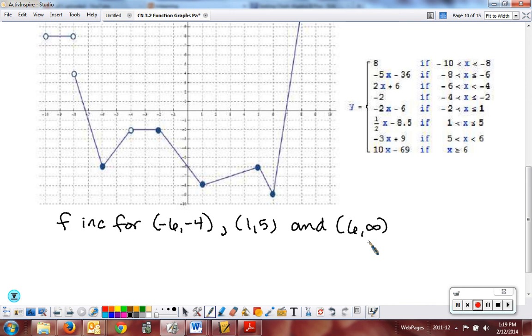And remember, what are these intervals? These are x or y? These are x values. These are the locations for which the y's have the behavior of increase. Okay, we would say f decreases for, what are my intervals of decrease?